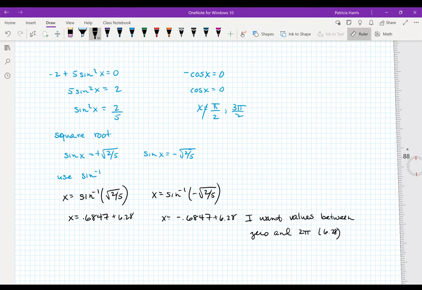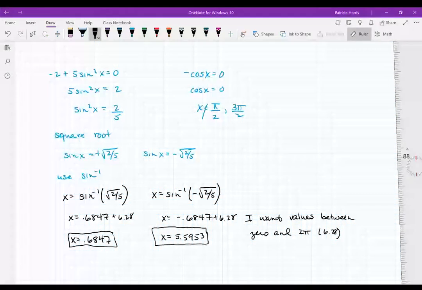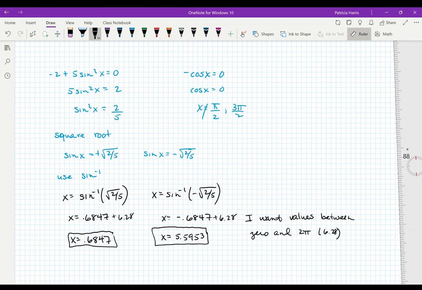Let's do the negative one first. Okay, so that's going to give me, so that's one. And then this one's going to go over, so I'm just going to keep this one. Now again, I want to make sure that those are values that I can keep. So I'm going to check those against pi divided by 2, which is good, and then 3 pi divided by 2, and that one's good as well.